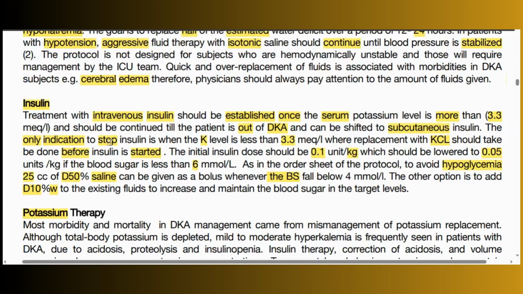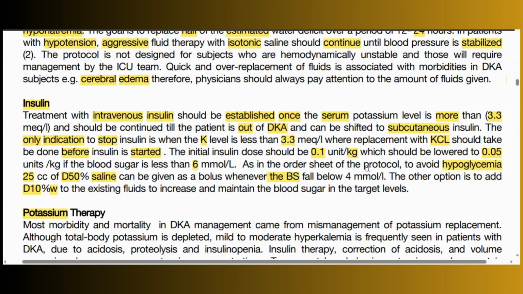The only indication to stop insulin is when potassium level is less than 3.3, then the replacement of potassium with potassium chloride should be done before insulin is started. The initial dose of insulin is 0.1 unit per kg, which should be lowered to 0.05 units per kg if the blood sugar is less than 6 millimole.